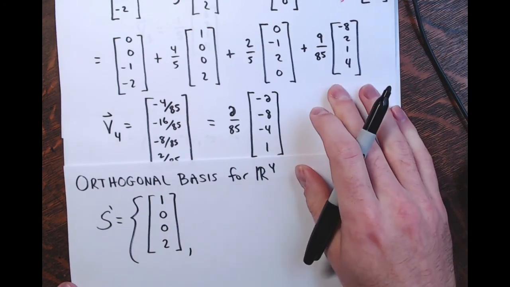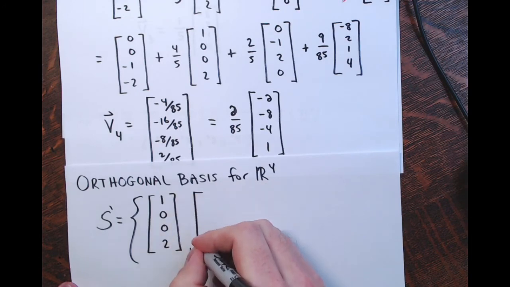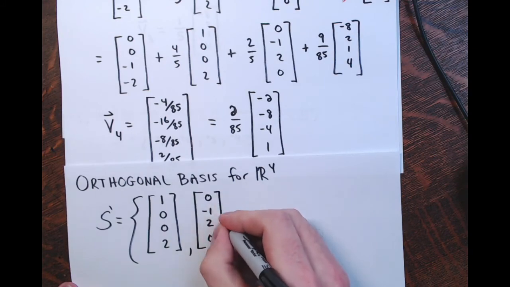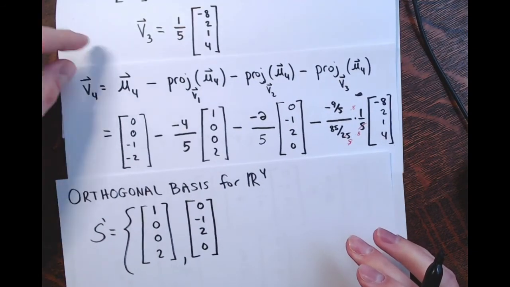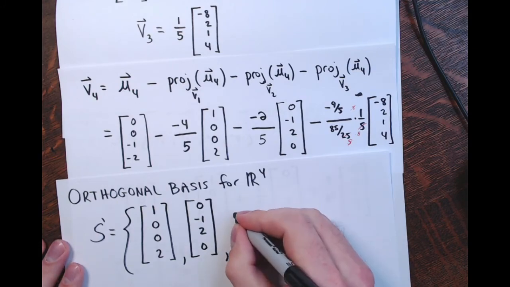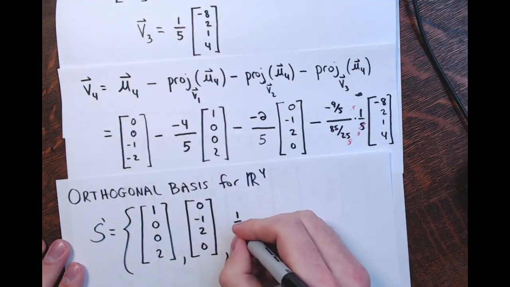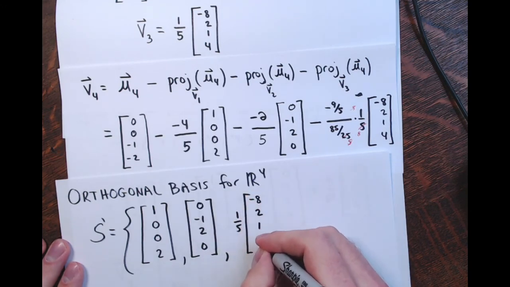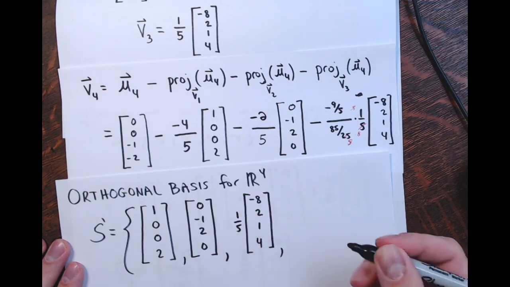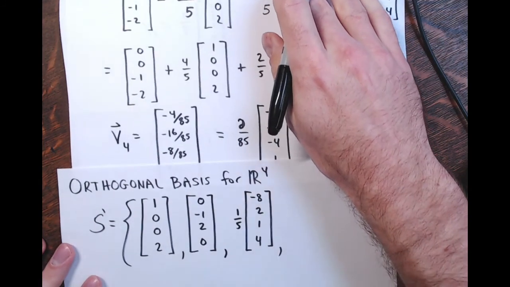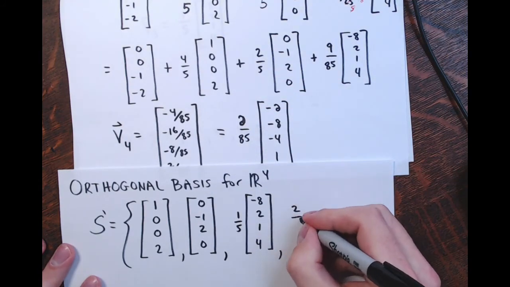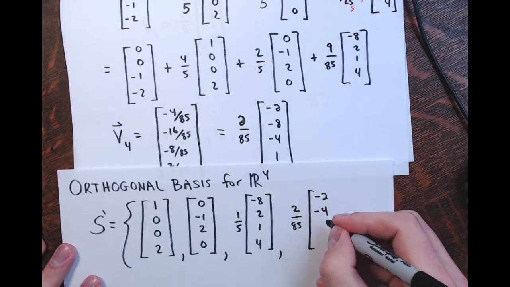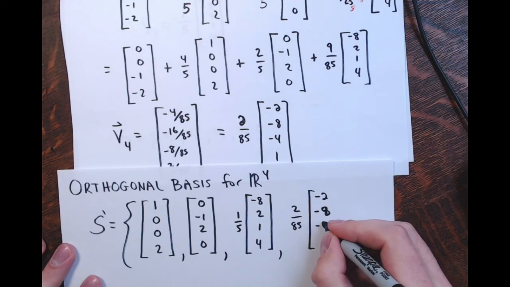V2 ended up being the same as U2: 0, -1, 2, 0. V3 ended up being this vector, 1/5 times the vector -8, 2, 1, 4. And finally, V4 ended up being 2/85 times the vector -2, -8, -4, 1.